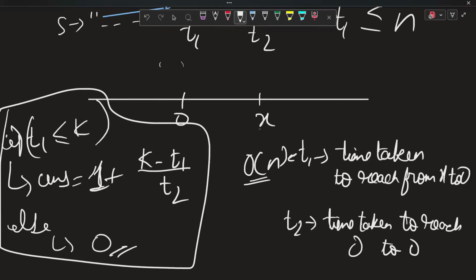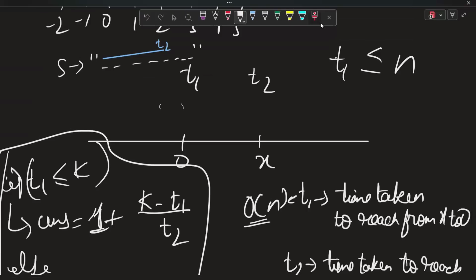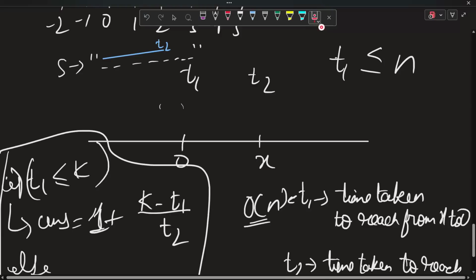And this t2 calculation, again same thing. If you start with 0 and you have to come back to 0, at max you would execute n instructions. You cannot execute more than n instructions. If it is taking more, you would just stop at some random point and never come back to 0. In that case, you will say that your answer is 1, since after the first time you reach 0 you never came back.